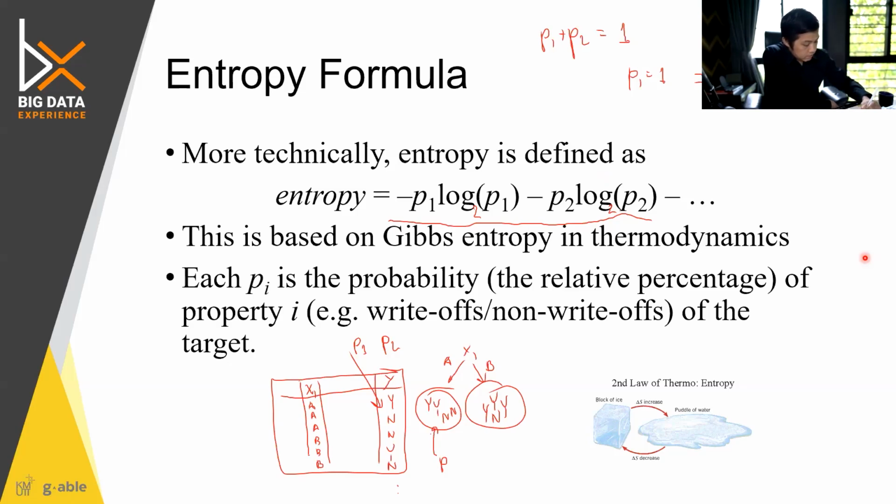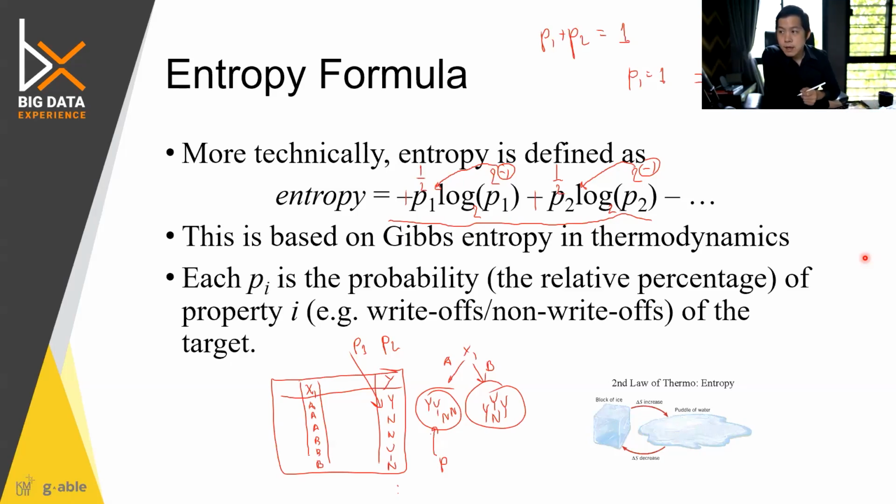If we say P1 is 1 over 2, right? P1 is 1 over 2, or I would write it as 2 to the minus 1 here. For simplicity, 2 to the minus 1, 1 over 2. If it's 1 over 2, what would happen? When you take a log of an exponent, the exponent here would be brought down, right? That means minus 1 would combine with the minus to be plus.